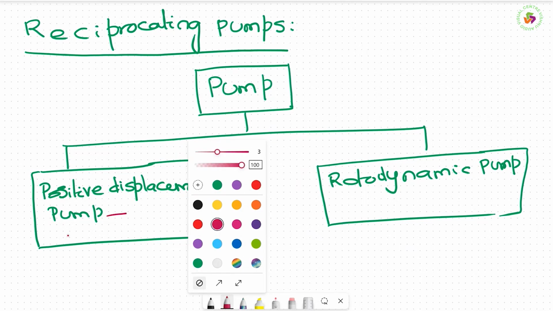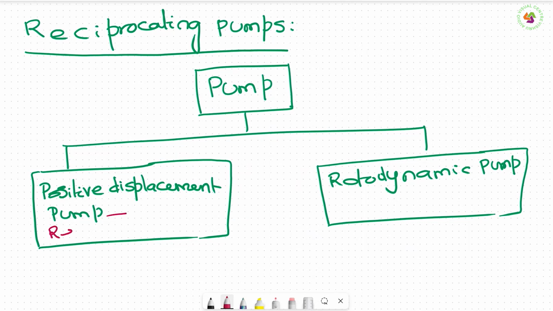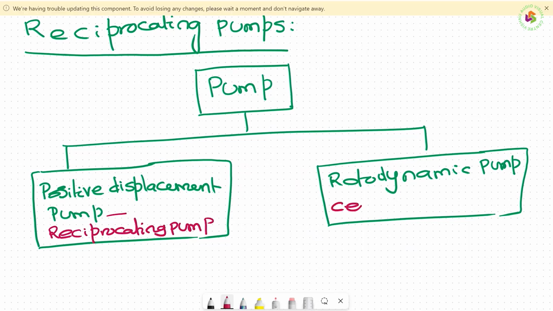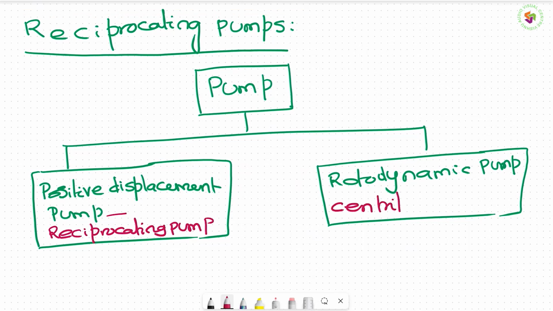This positive displacement pump is the reciprocating pump. This is the centrifugal pump.